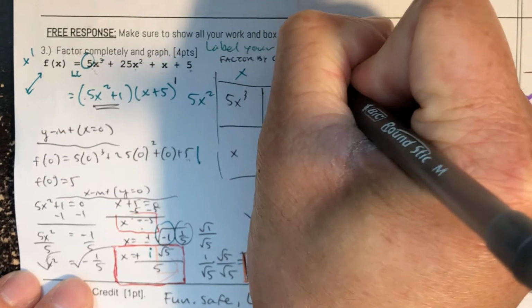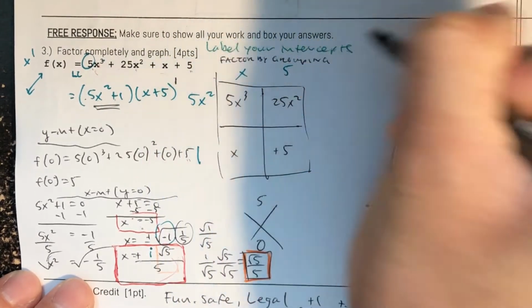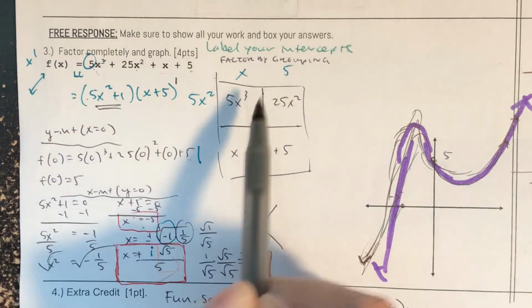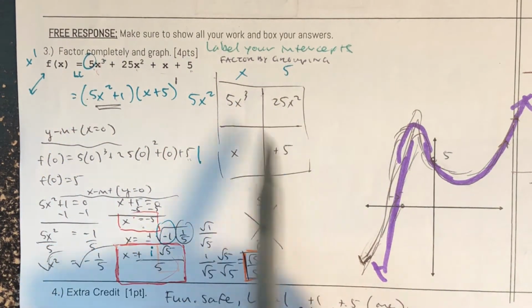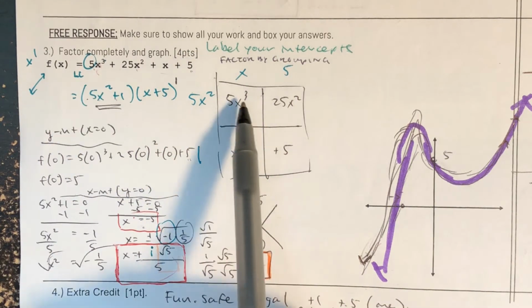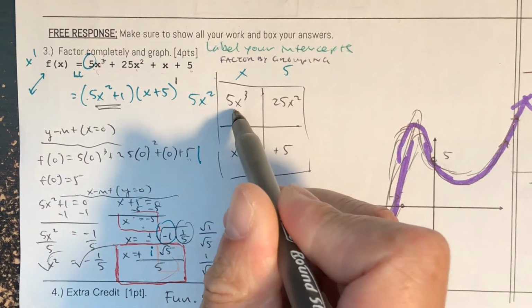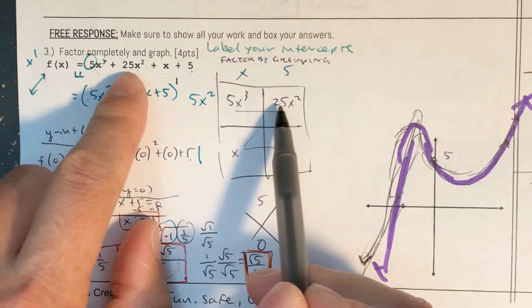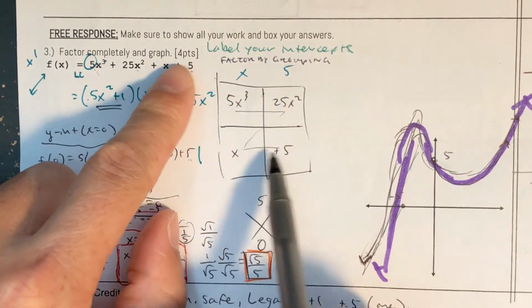Now, it is possible to factor this by the rational roots theorem, but factoring by grouping would be the easiest if it works. So I'm going to take all 4 of those terms and put them into my box here. I kind of did the Z. Let's see if I can draw a Z here. 5x cubed plus 25x squared plus x plus 5.